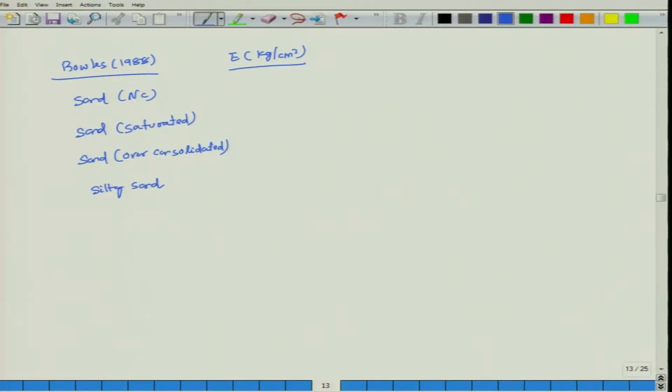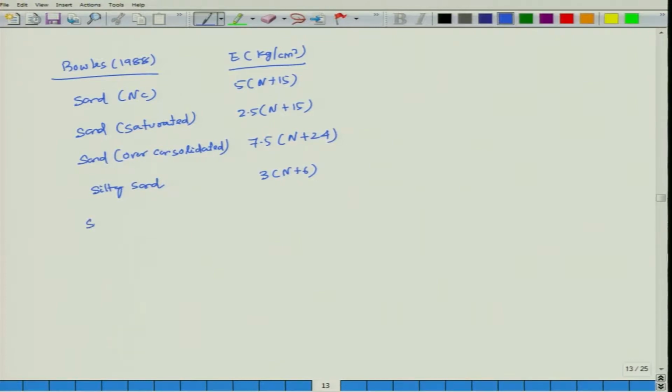For sand it is 5 into N plus 15. For saturated sand it is 2.5 into N plus 15. Sand, that means over consolidated sand, it is 7.5 into N plus 24. Then sand with gravel or silty sand, it is 3 into N plus 6.